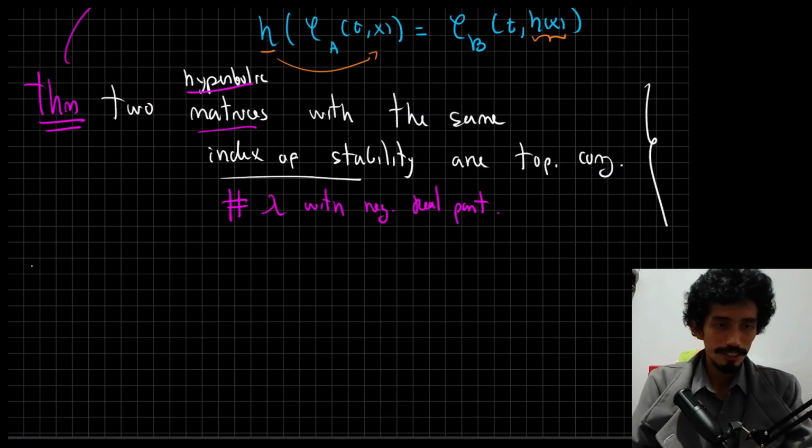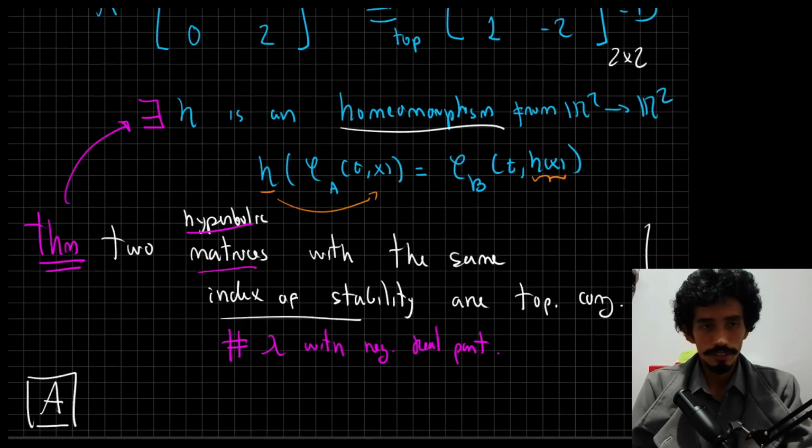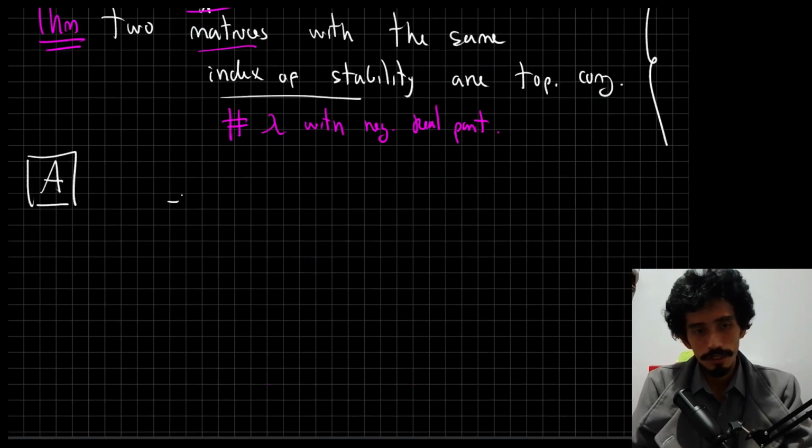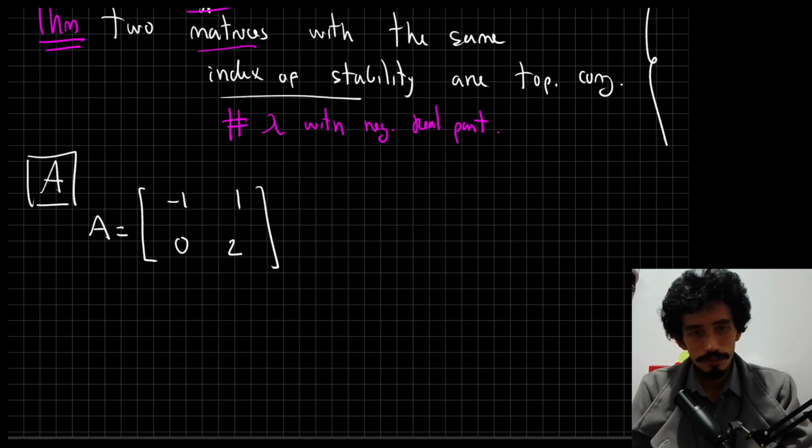So let's analyze first the matrix A. Let's work on that. It's -1, 1, 0, and 2. For this matrix we need to find the characteristic polynomial, and it is not difficult.